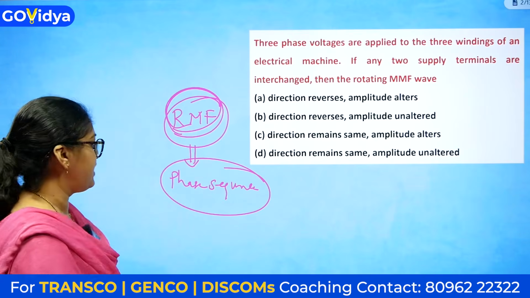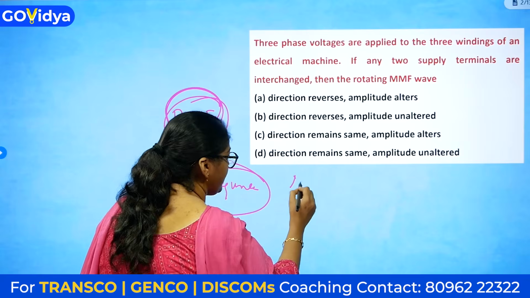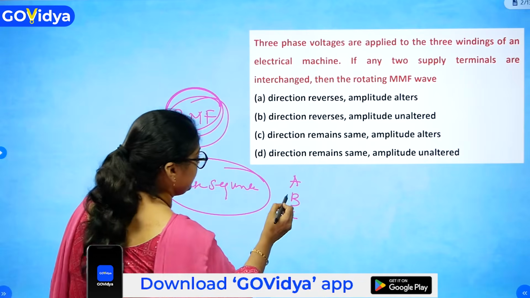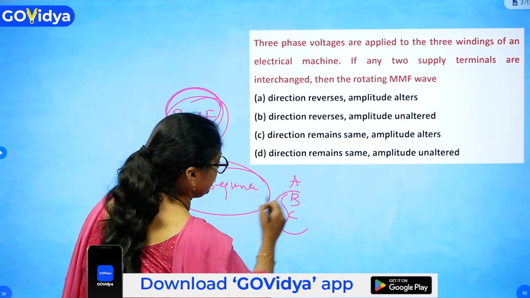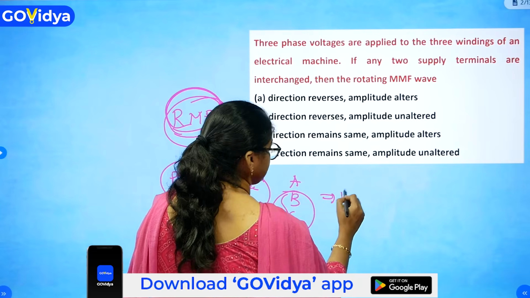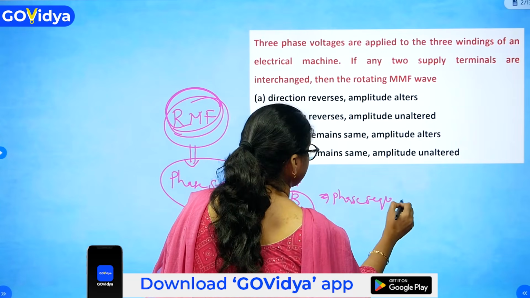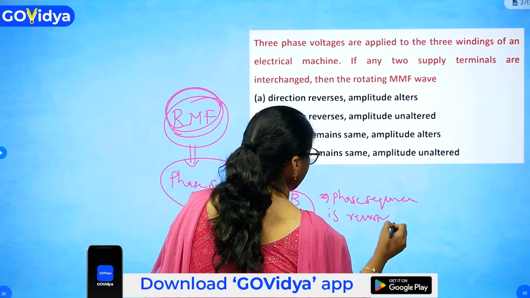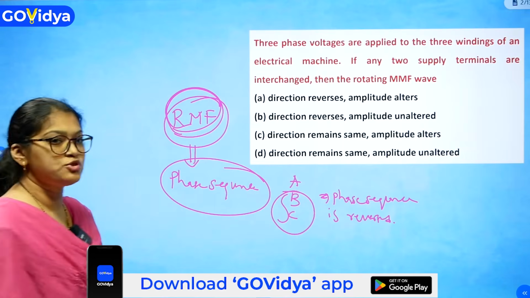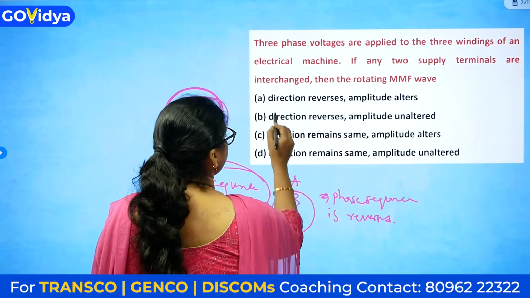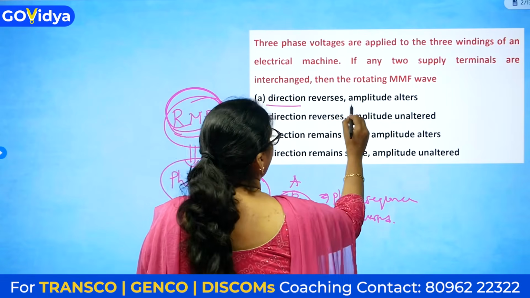Suppose I am giving the A, B, C phase sequence. If I interchange any two phase terminals, then the phase sequence will be reversed. As the phase sequence is reversed, definitely the direction also will be reversed. In the options they have asked about the direction and the amplitude.